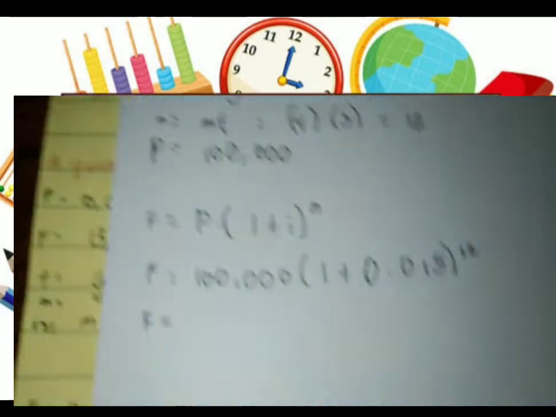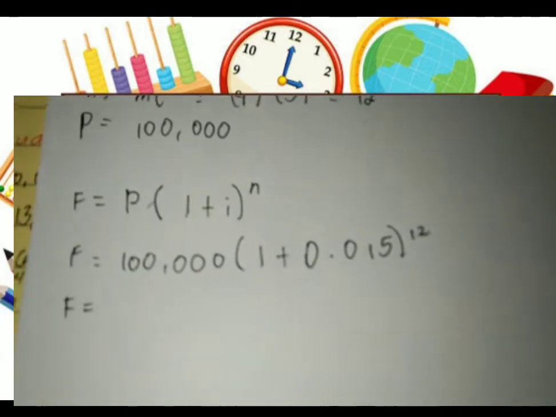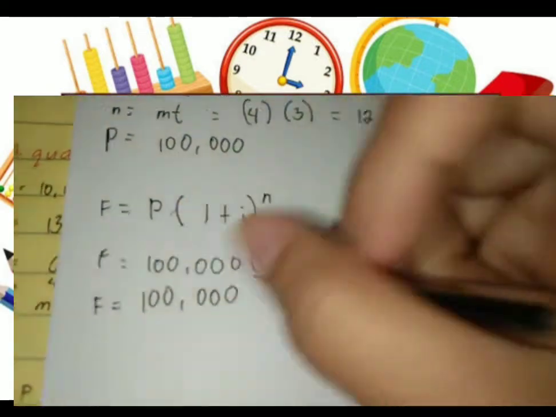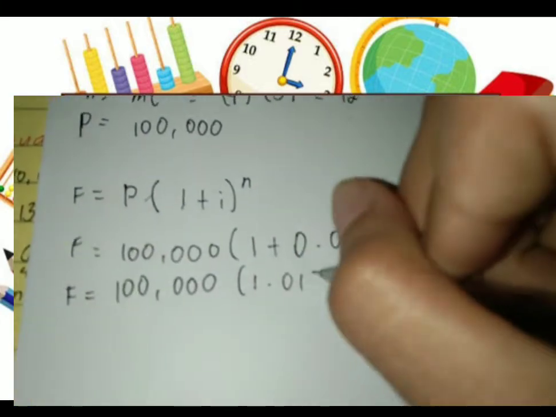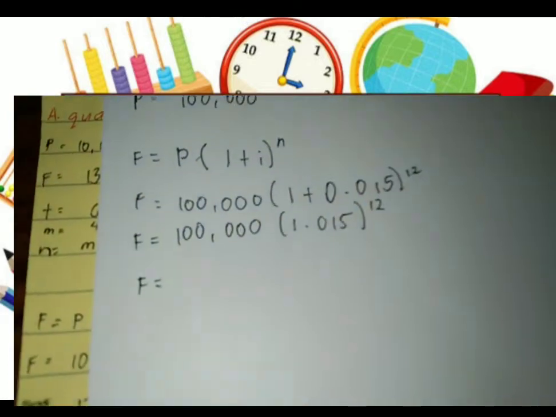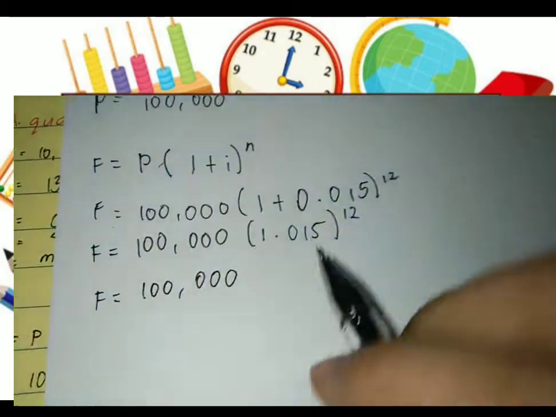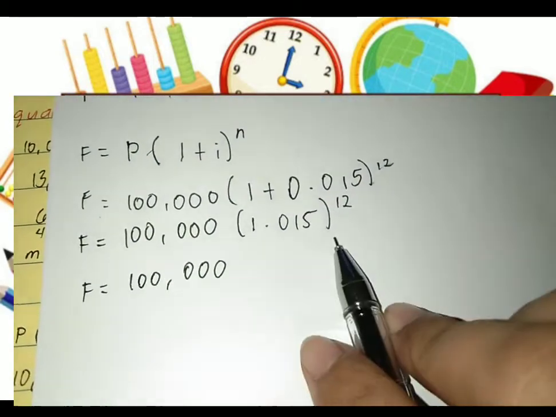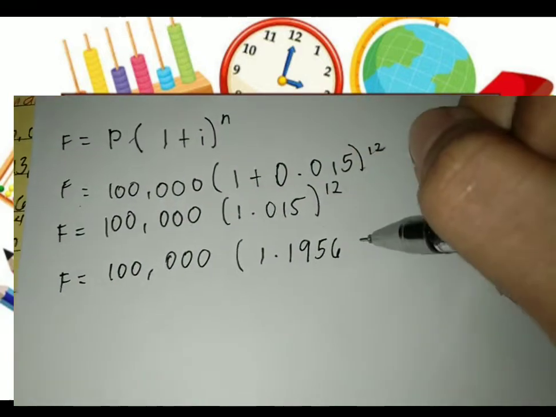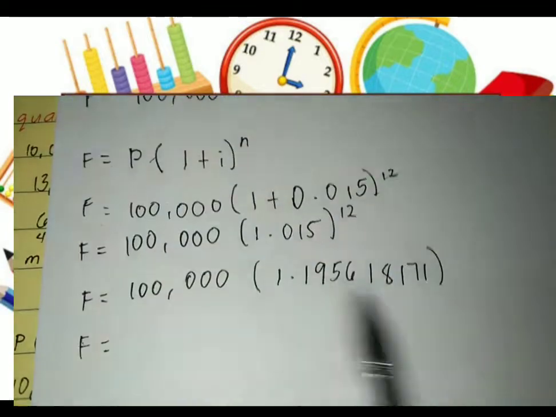So F is equal to 100,000 times 1.015 raised to 12. We will solve it, and the answer for 1.015 raised to 12 is 1.195618171.